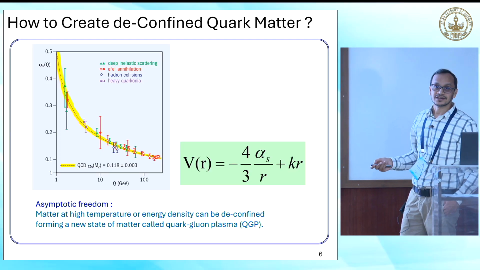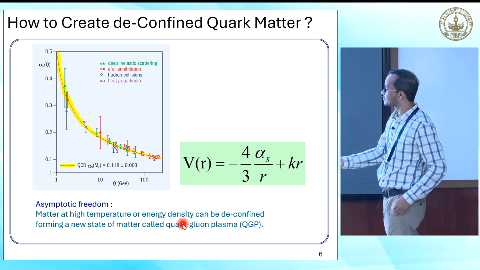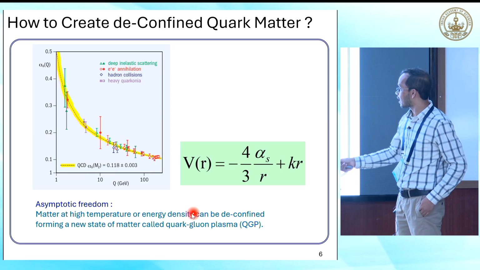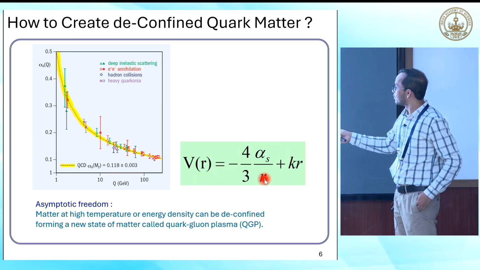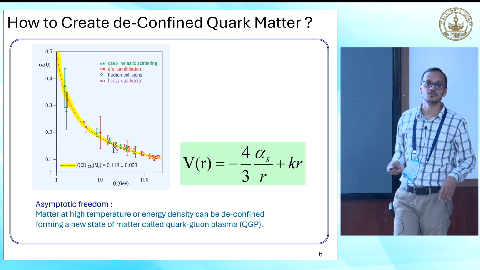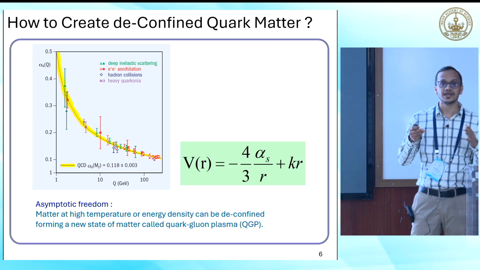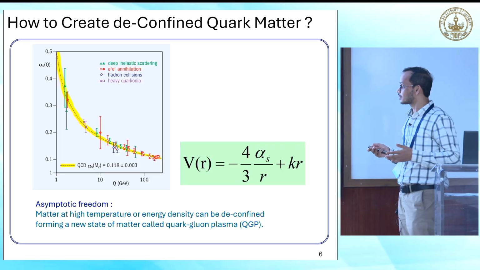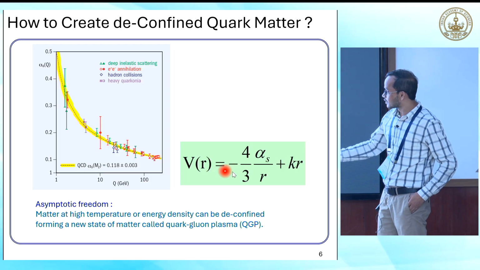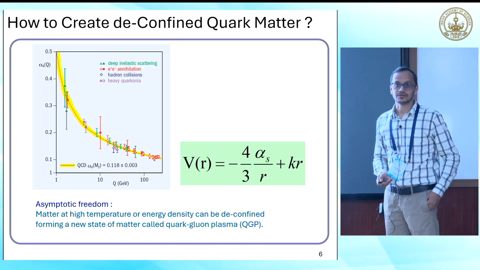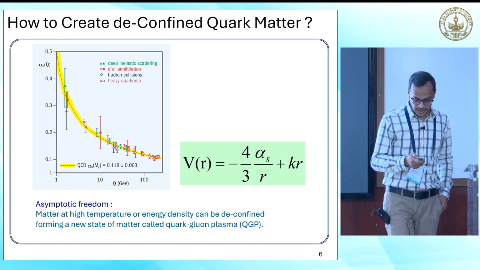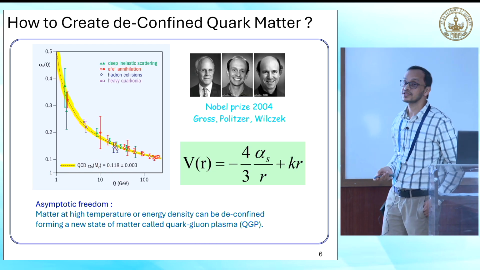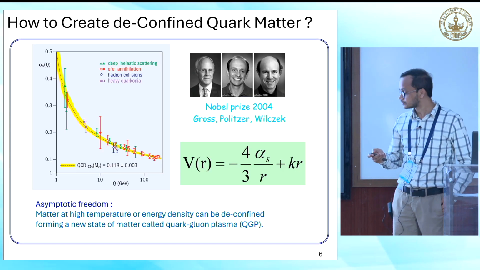So it was predicted that if we create a high temperature and or a high energy density, then alpha s could be very small, the potential could be very weak, and you may create deconfined quarks and matter that gives rise to a new state of matter called Quark-Gluon Plasma. This phenomenon is known as asymptotic freedom, and it was the subject of the Physics Nobel Prize in 2004.